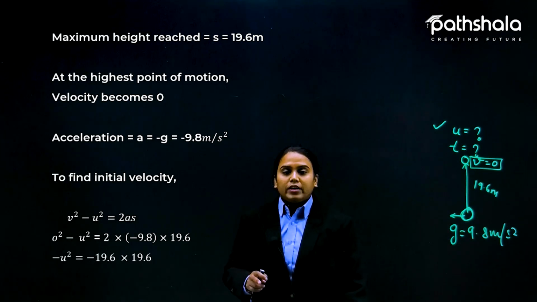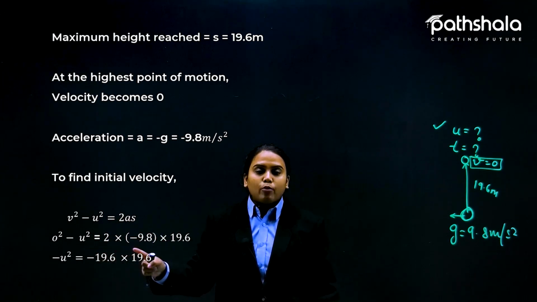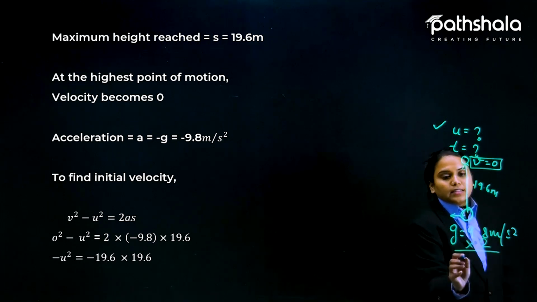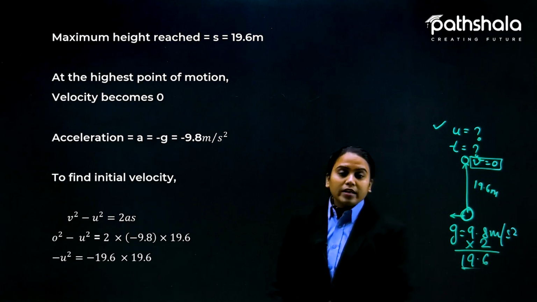Now for the further calculation, when you multiply 2 with this 9.8, you will get the result 19.6. So that makes our calculation easy.